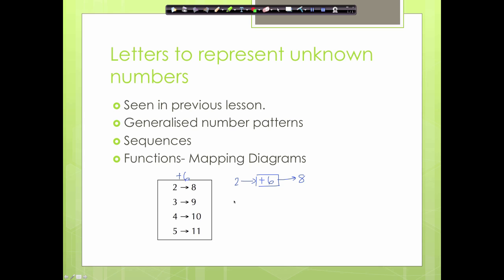If I don't know what the number is, I can call it x. I put it into my function machine, and we know that the rule is adding 6. Then I have this number, whatever it is, and I add 6. So I get the rule x plus 6.